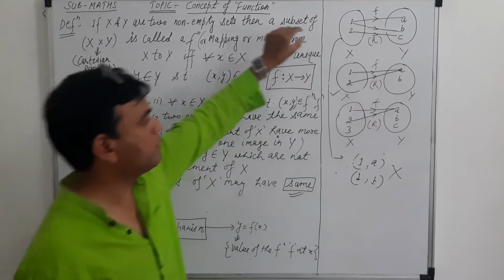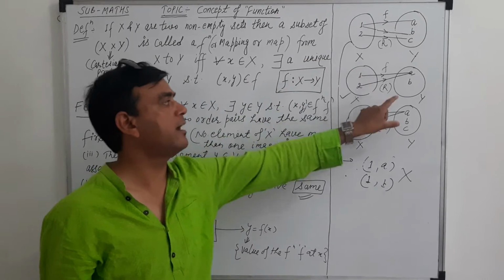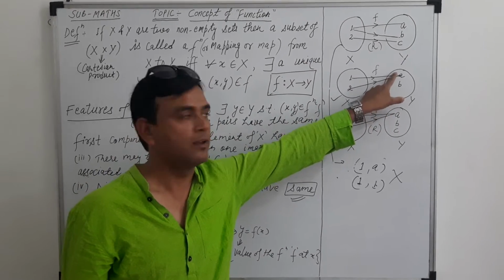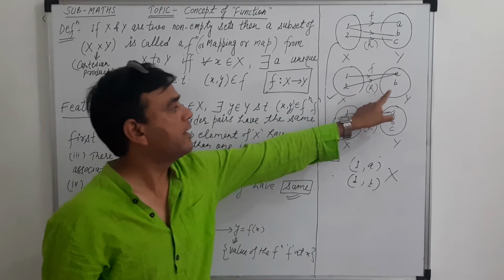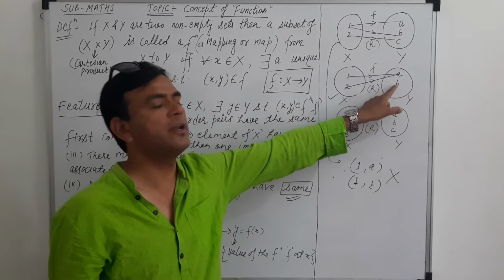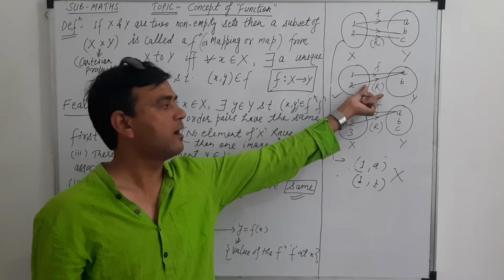This may happen. It means different elements of set X may have the same image in Y. In this condition, this will always be a function. Here b is left, so it may not happen that b has any pre-image in X, so this is again a function.